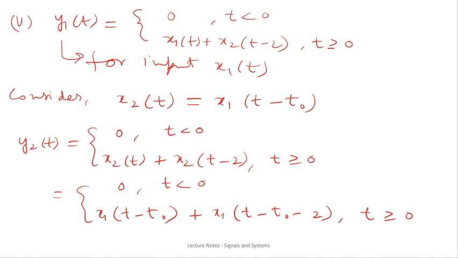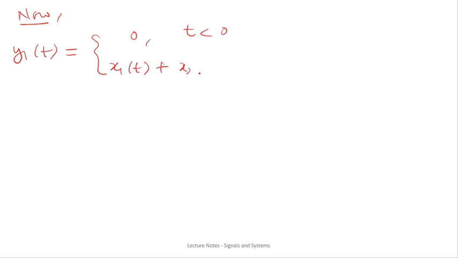Now consider again this y1(t), which is x1(t) plus x1(t minus 2) for t greater than or equal to 0. From here you have to obtain y1(t minus t0). The procedure is the same as we discussed for the time invariance problems.